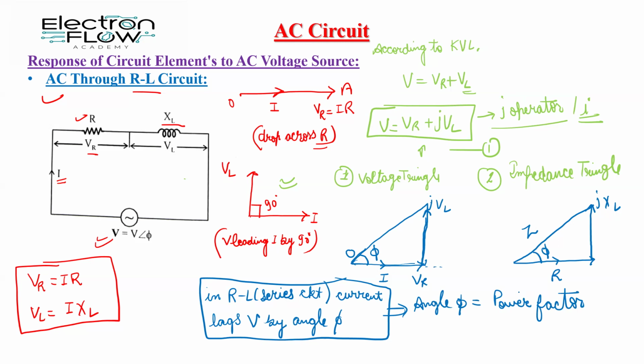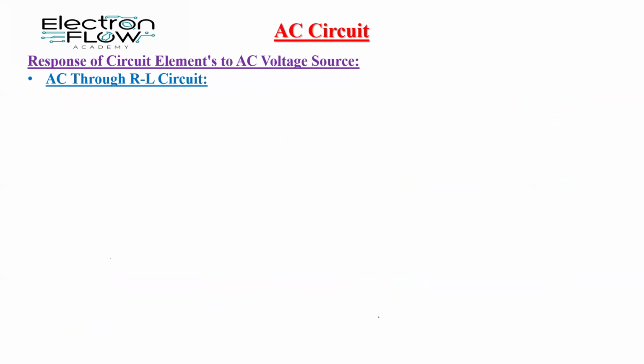From that triangle, we can write that tan phi is equal to VL divided by VR, or phi is equal to tan inverse of VL divided by VR.